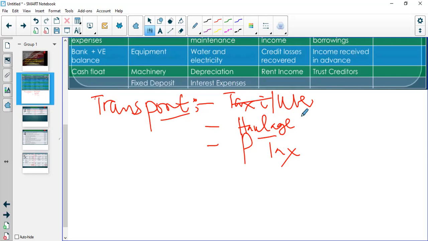You might want to know at the end of the year how much you got from your Uber or Bolt services, how much from your haulage services, and how much from your public taxis. Which means that you are going to open an account for each of these, which we refer to as the general ledger account.